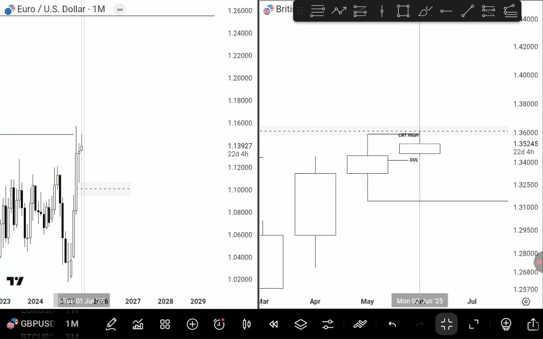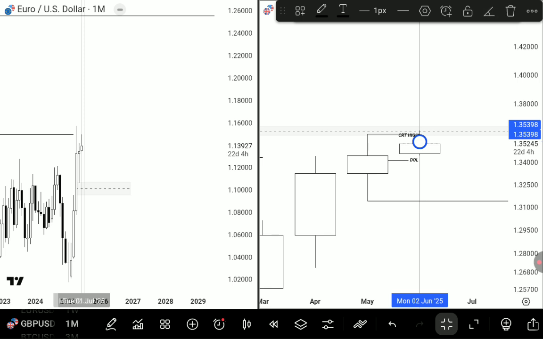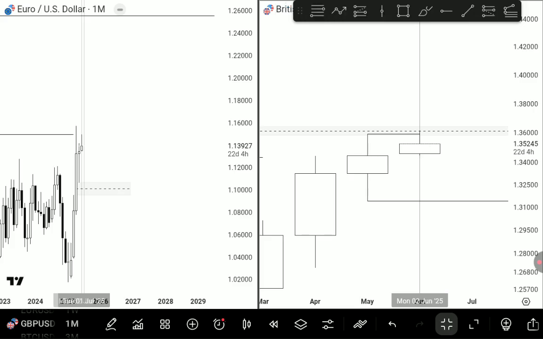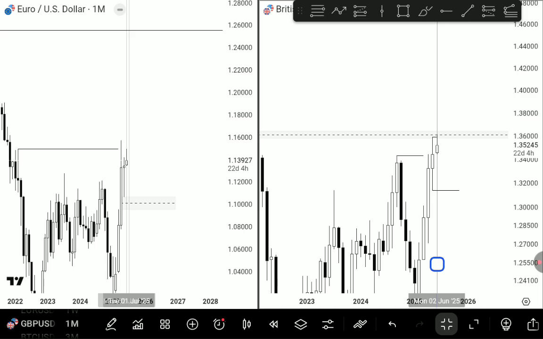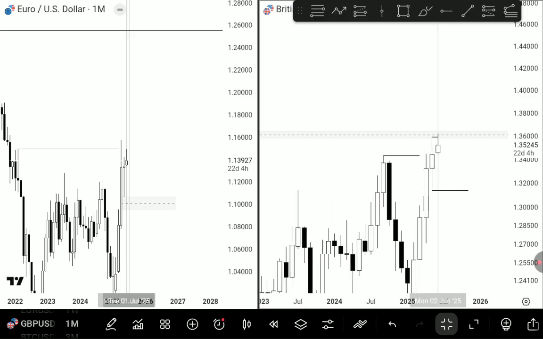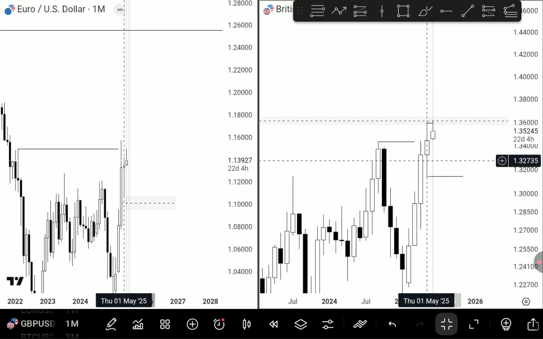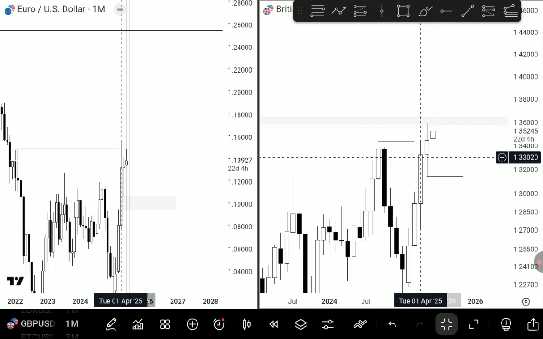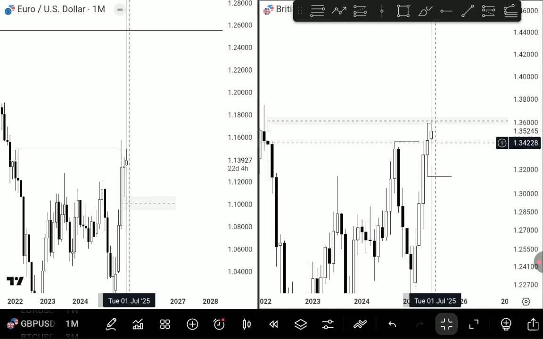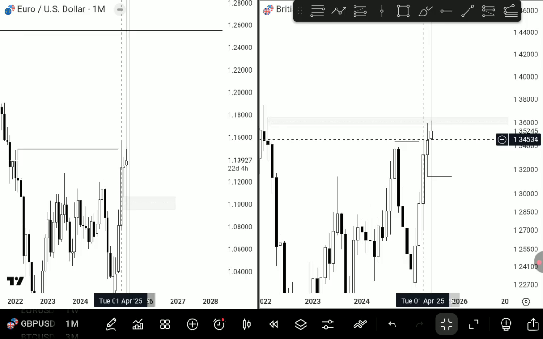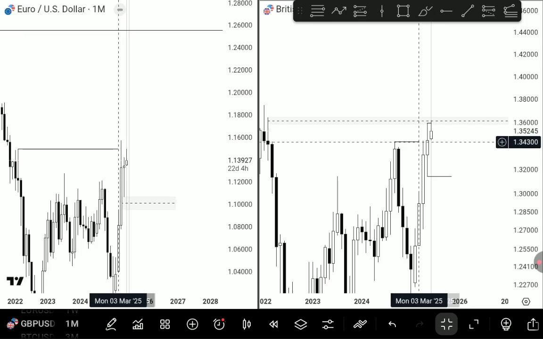I'm not gonna say much about SMT, but you can see that on GU, price bridged the high of the previous month. Not the previous month actually, but price bridged the high of April.